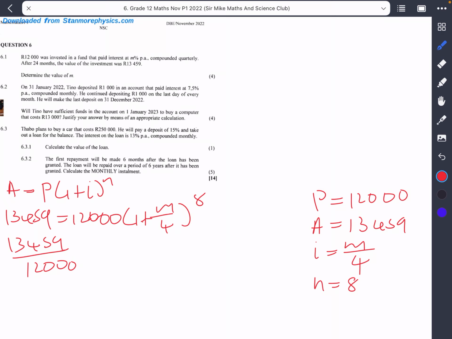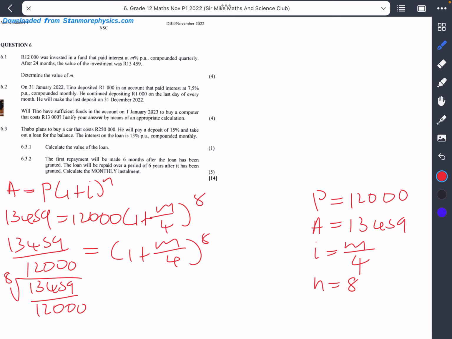So A, given as 13,459, is equal to P, which was 12,000, times (1 + M divided by 4) to the power 8. What I would do is divide by 12,000 on both sides.